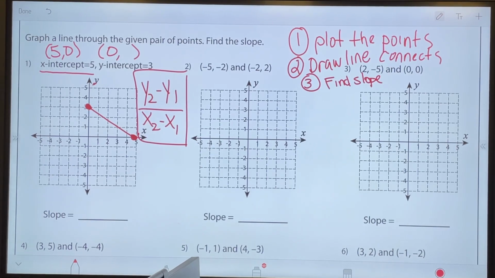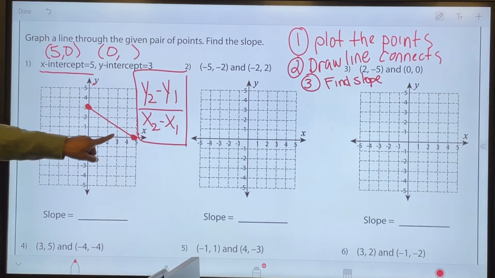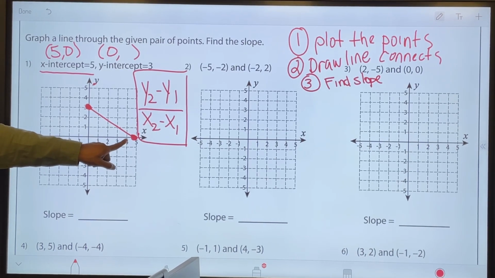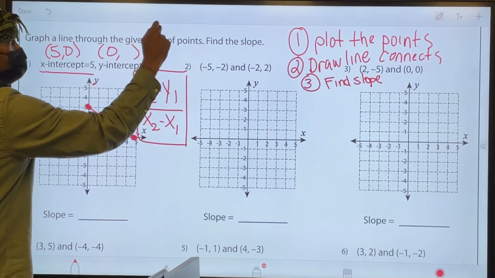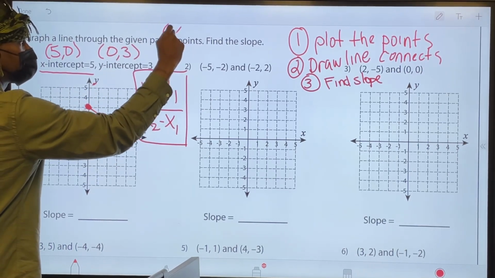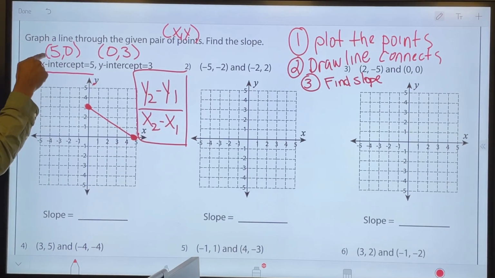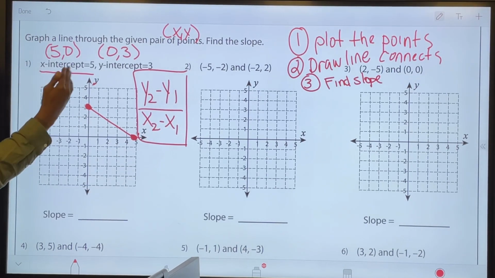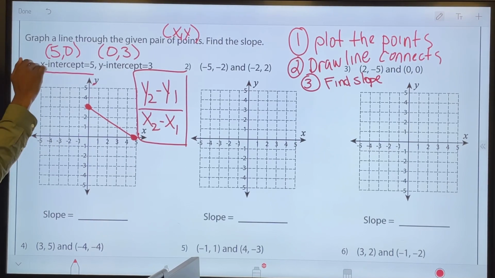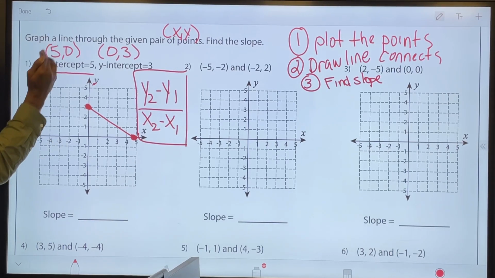How do you look at this? Yes, question? How did you get from going to 5, 0, and then going to 0? Remember, the x always comes first. X value, then y value. Well, what's the x value? 5, 0. It's an intercept. Any intercept, if it's an x, the x comes first, then the 0.